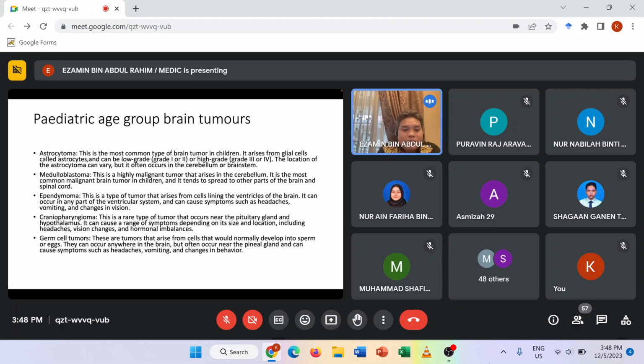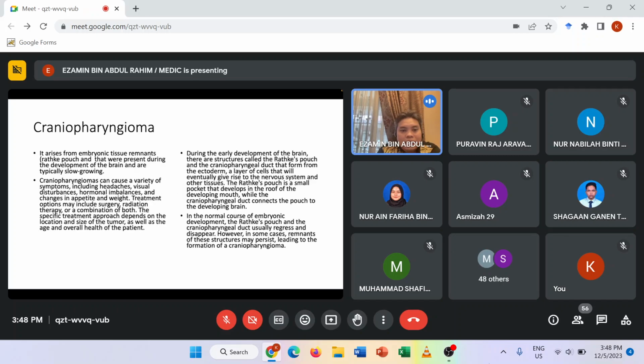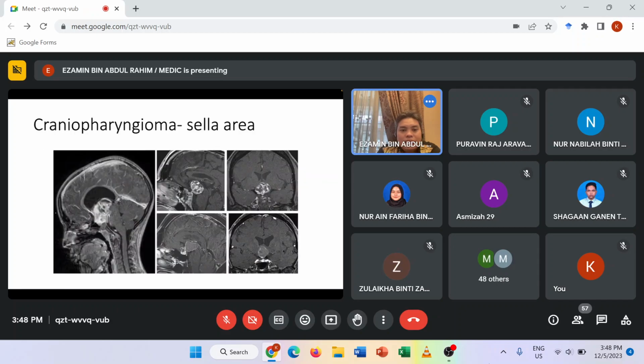This will also cause you to open your mouth, but I hope you can stay. Alright. So okay, craniopharyngioma. This is actually embryonic tissue remnants, the pouch and also craniopharynx remnant tissue. Mostly in the middle area, the sella area, the area of the pituitary gland.